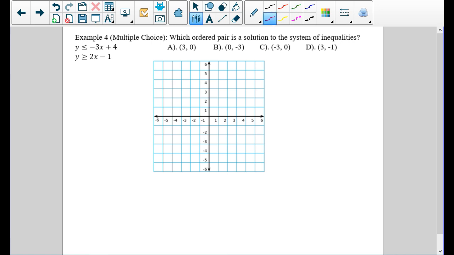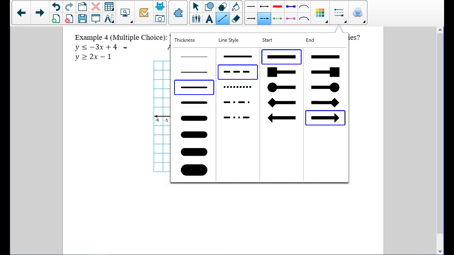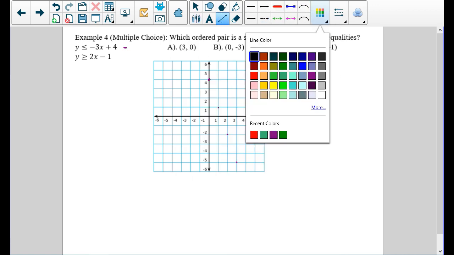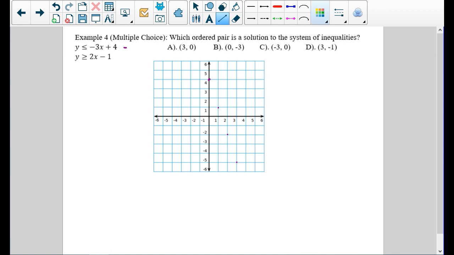So this first equation here, positive 4, slope is negative 3, down 3 over 1, 3 over 1, 3 over 1, and I can sketch that purple line. Purple line here, going through my graph.